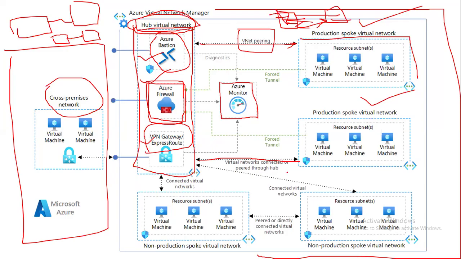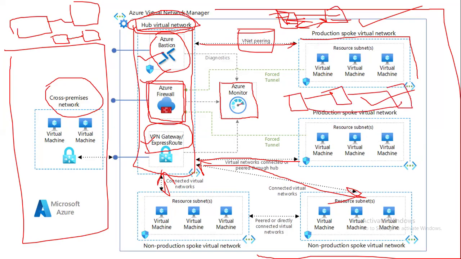The thing is that VNet peering is there everywhere, right? If you want hub and spoke to communicate, that VNet peering should be there. If you want spoke to spoke communication, that is also a possibility, but you have to make changes in the Azure Firewall rules for that communication.